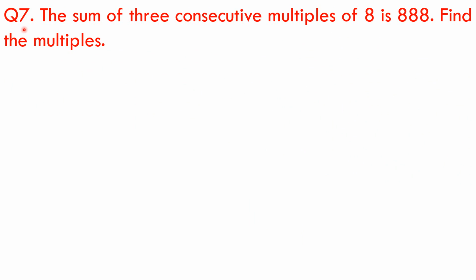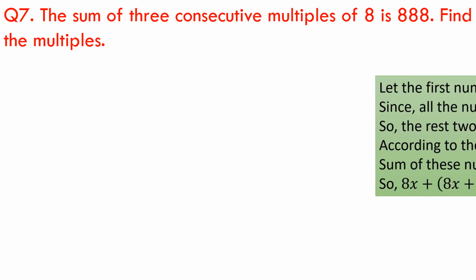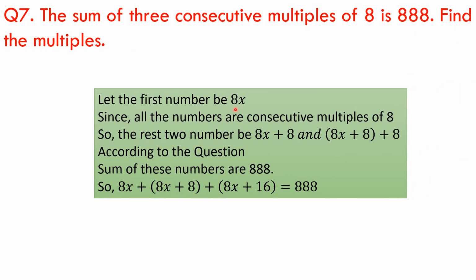Question number 7. The sum of 3 consecutive multiples of 8 is 888. Find the multiples. Let the first number be 8x. Second number should be next multiple of 8. Hence, second number will be 8x plus 8.